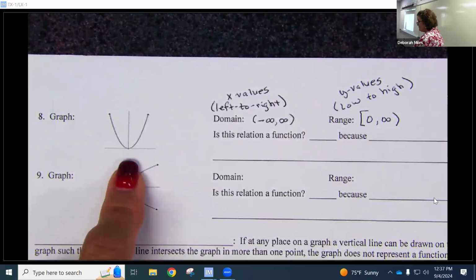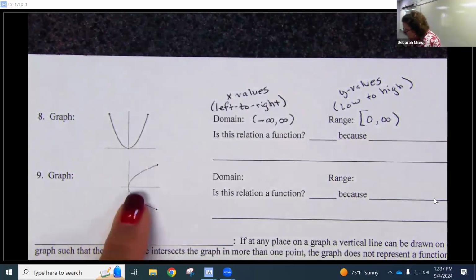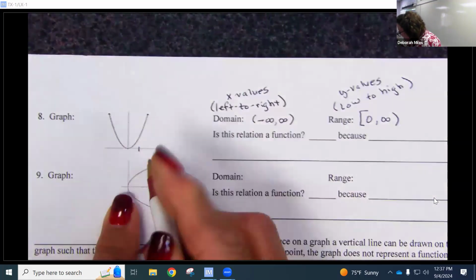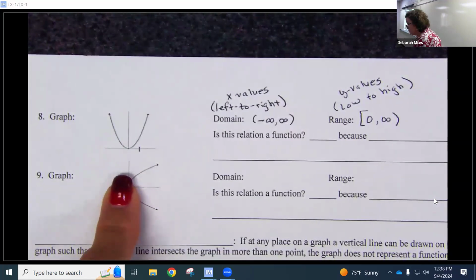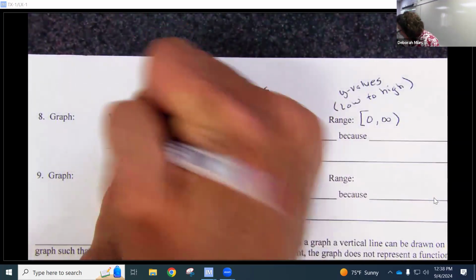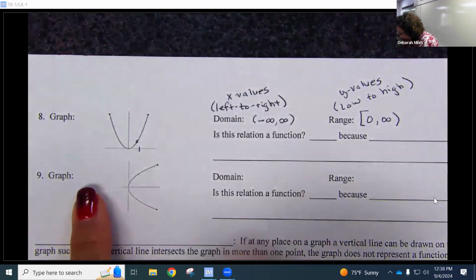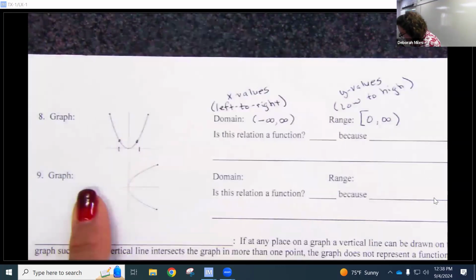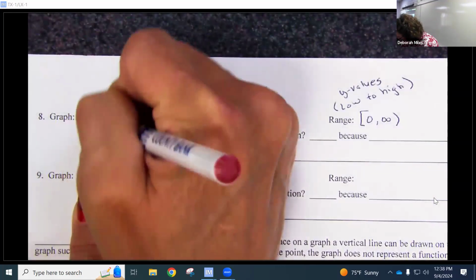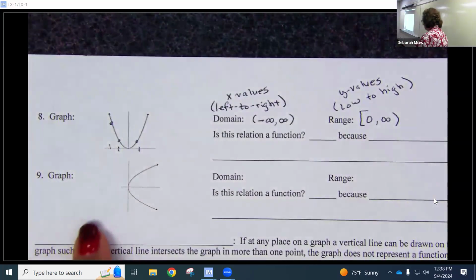Is that relation a function? For this x right here, how many corresponding y values are there on the graph? Just one, right there. For this x, there's only one y. For this x, there's only one y.